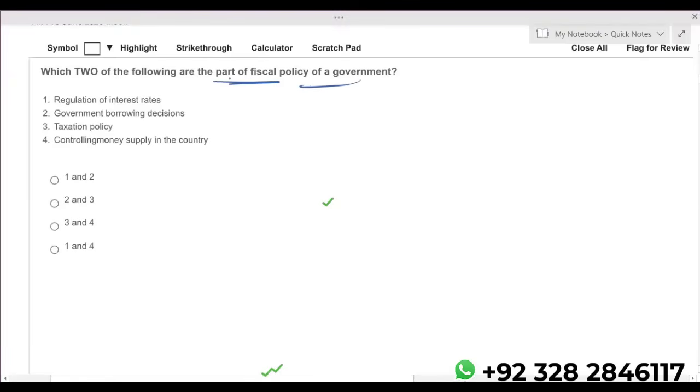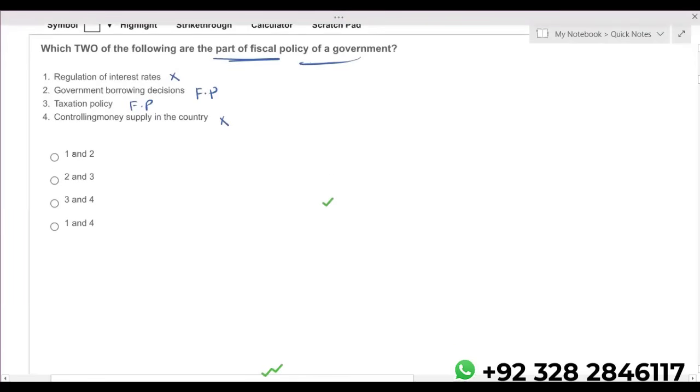Regulation of interest is monetary policy, not fiscal policy. Government borrowing decision, that is fiscal policy. Taxation, definitely fiscal policy. Controlling money supply in the country is your monetary policy, not a fiscal policy. So which two are part of fiscal policy? 2 and 3.